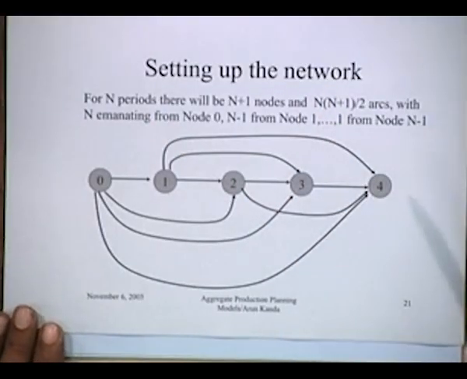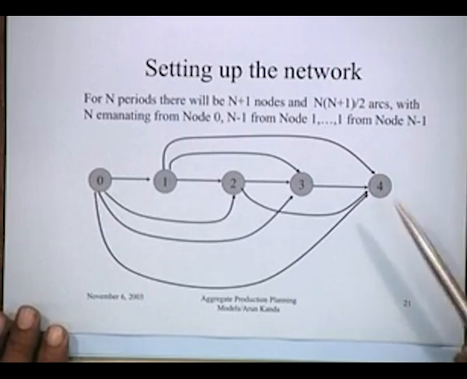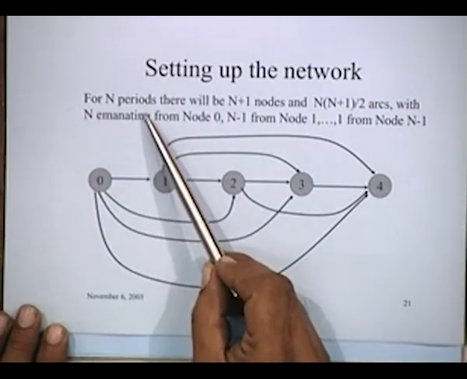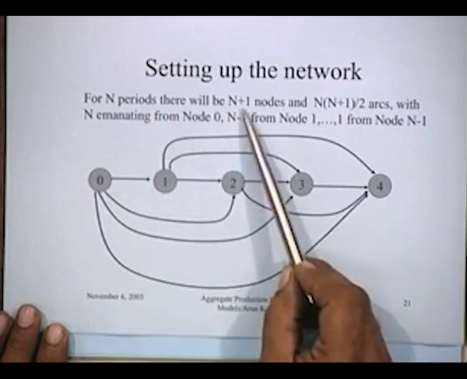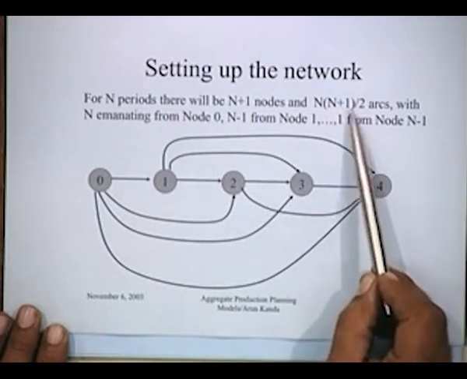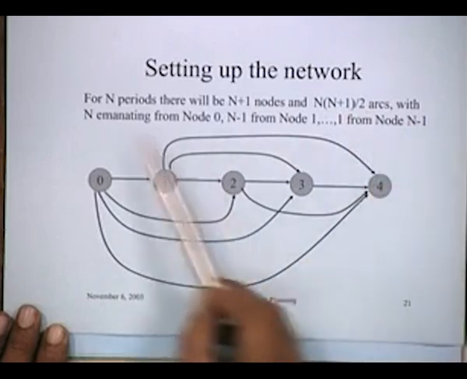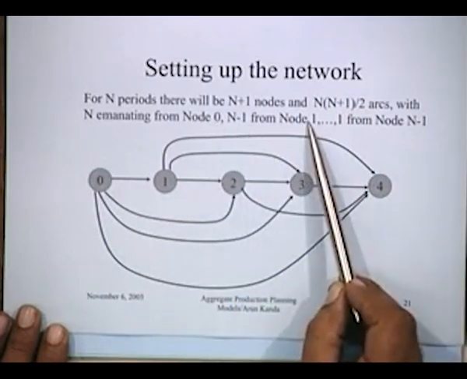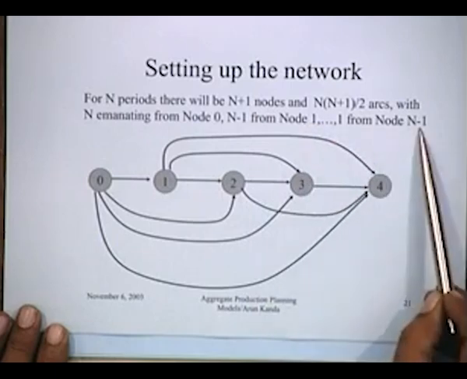And how you set up the network is actually pretty straightforward. If you have n periods for which you are planning the problem, then there will be n plus 1 nodes and exactly n C 2, that is n into n plus 1 by 2 arcs, with n emanating from node 0, n minus 1 emanating from node 1 and ultimately 1 emanating from node n minus 1.